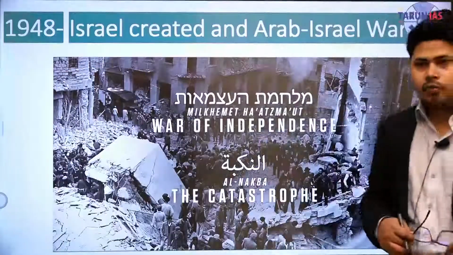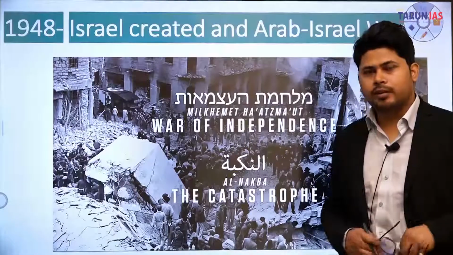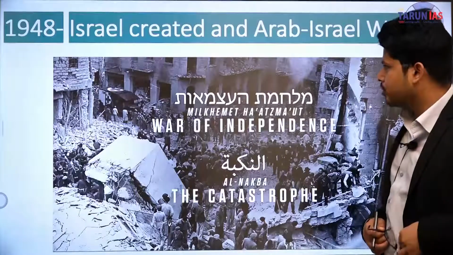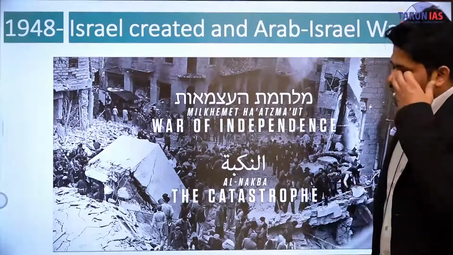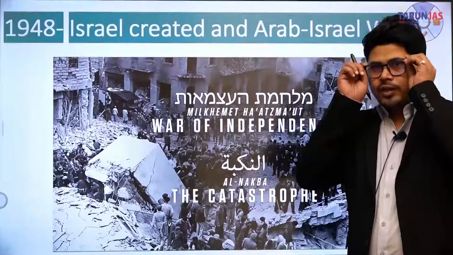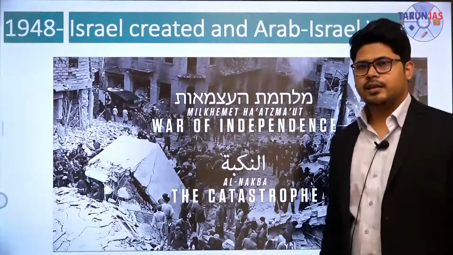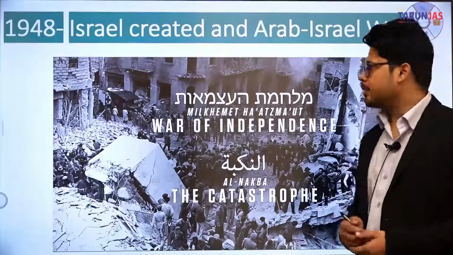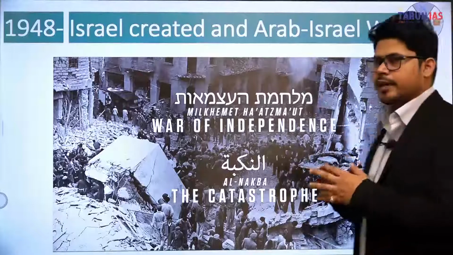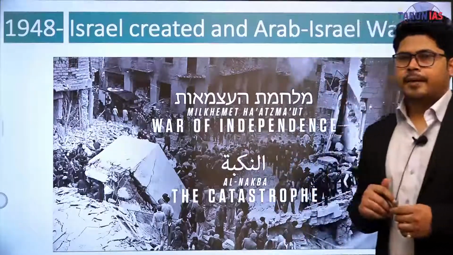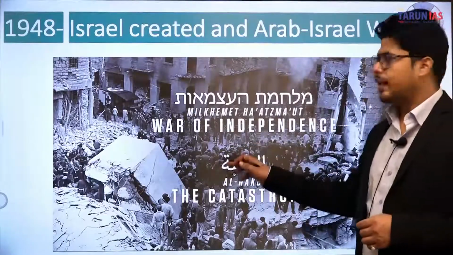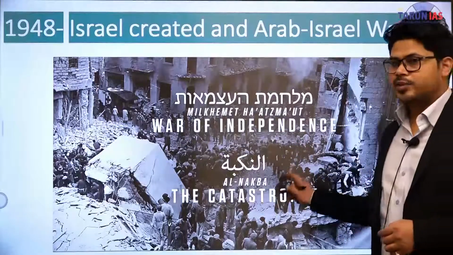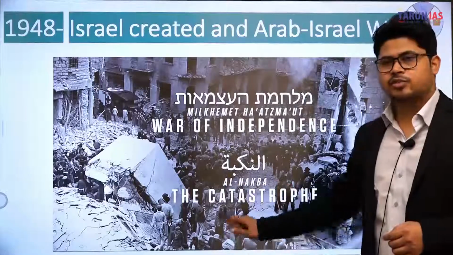In 1948, a war took place between Israeli forces under David Ben Gurion's leadership and of course the Arab League. ठीक है, 5 countries of the Arab League, namely Jordan, Syria, Iraq, Saudi Arabia, and Egypt. ठीक है, they formed a coalition and they attacked Israel, but Israel won the war, and Israelis term it the War of Independence. However, Arabs term it the Al-Nakba or the catastrophe.